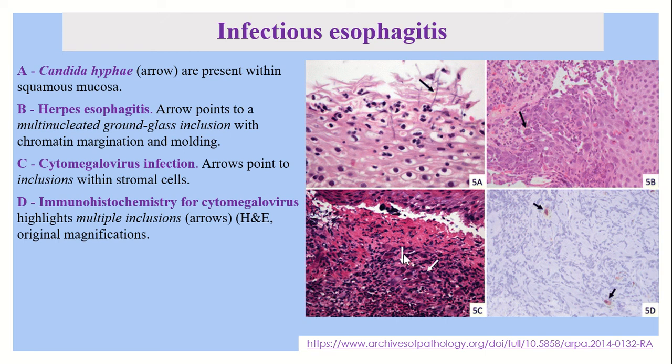Then during cytomegalovirus infection, we see inclusions within the stromal cells, and immunohistochemistry for cytomegalovirus. Here the arrows highlight the multiple inclusions.